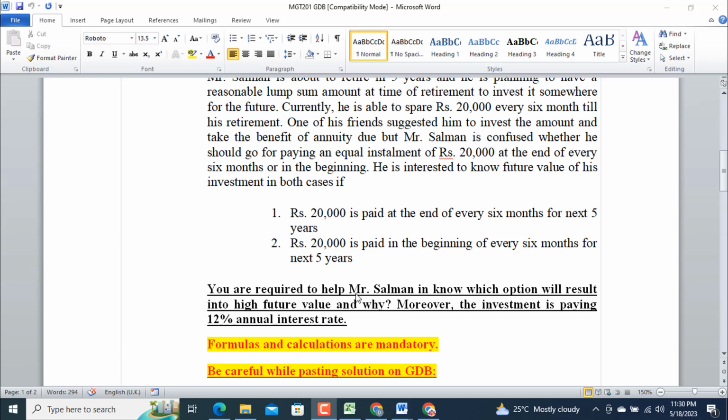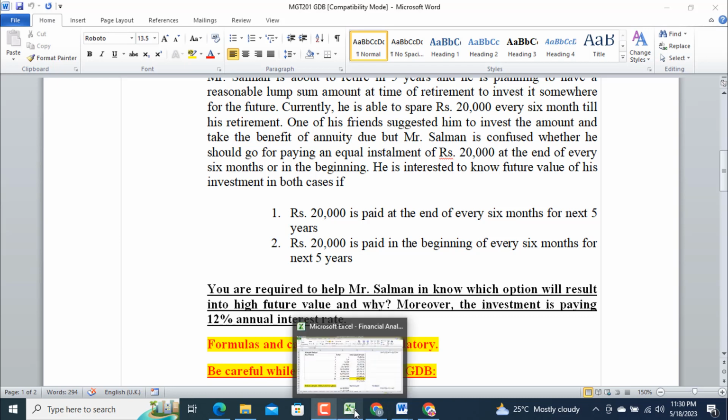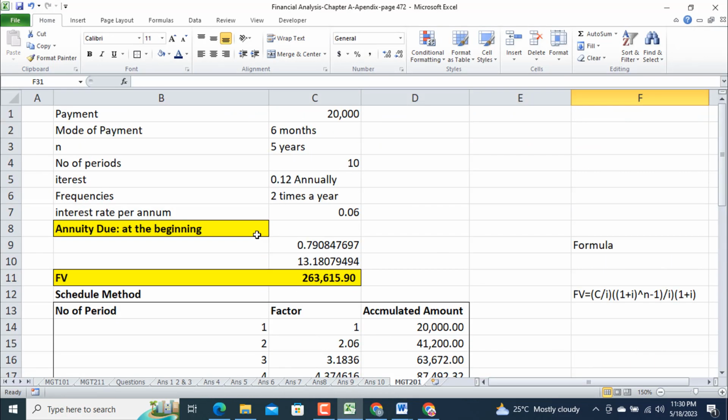Let's move to the solution, which I have made in an Excel sheet. So here is the solution. Here I will gather all the information from the discussion question. Payment is 20,000 every 6 months. N is the number of periods. For how many years is he going to invest? 5 years. As he has a spare 20,000 2 times in a year, the number of periods is 5 times 2, which is 10. The interest rate is 0.12, or 12% annually.